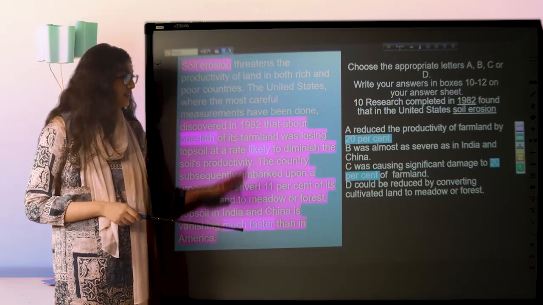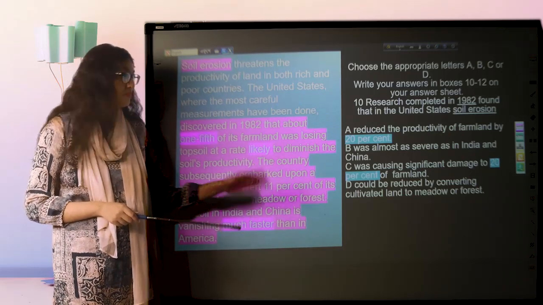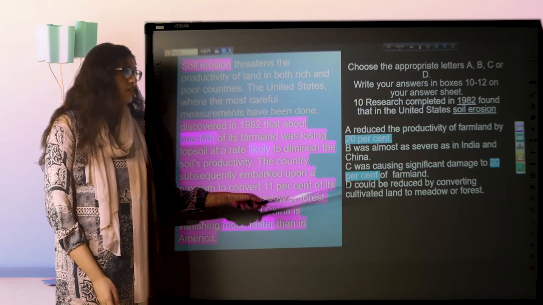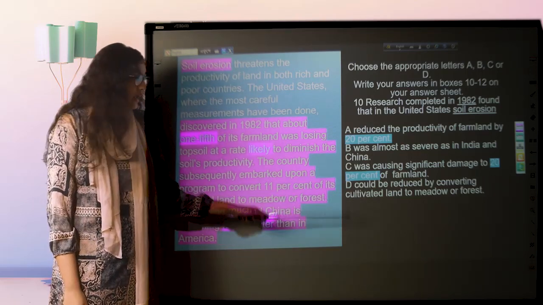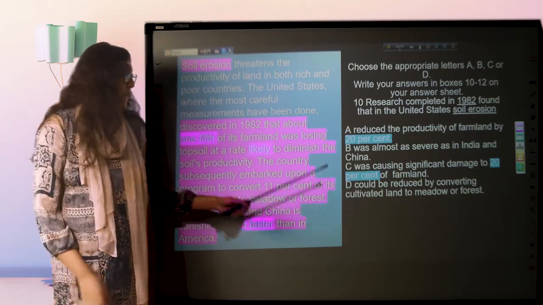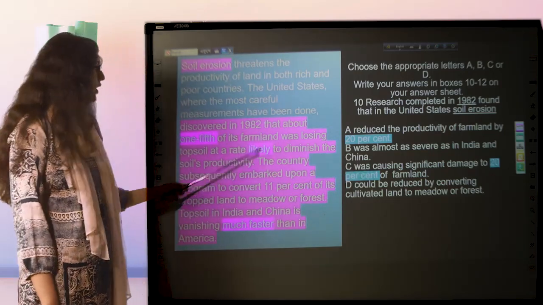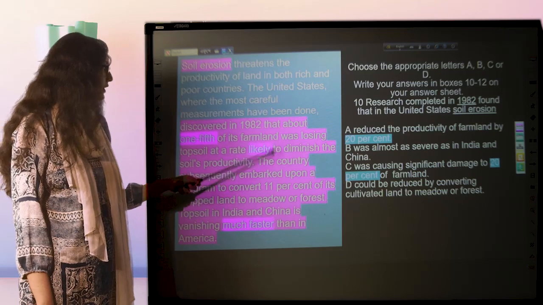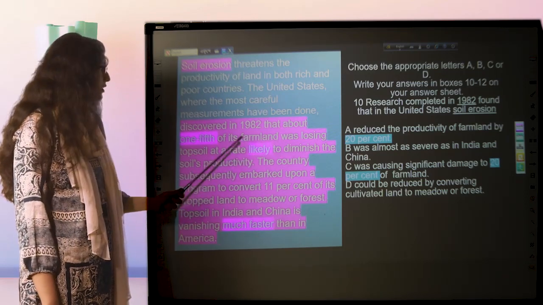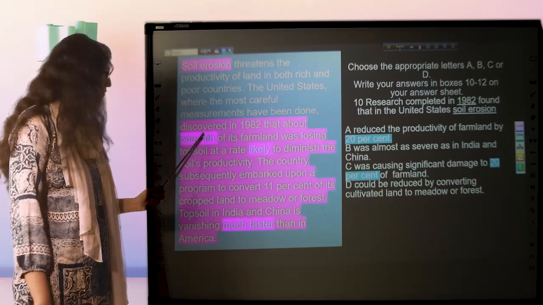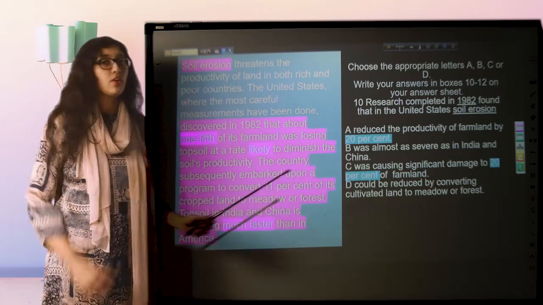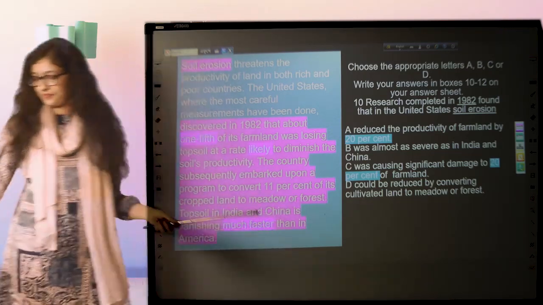But it doesn't say that this approach helped them to reduce the soil erosion. So we can't say that D is correct. But since C says significant amount of damage, and this one also says that it was likely to diminish the soil's productivity at quite a high rate of 1/5, we can say that the correct answer here will be C.